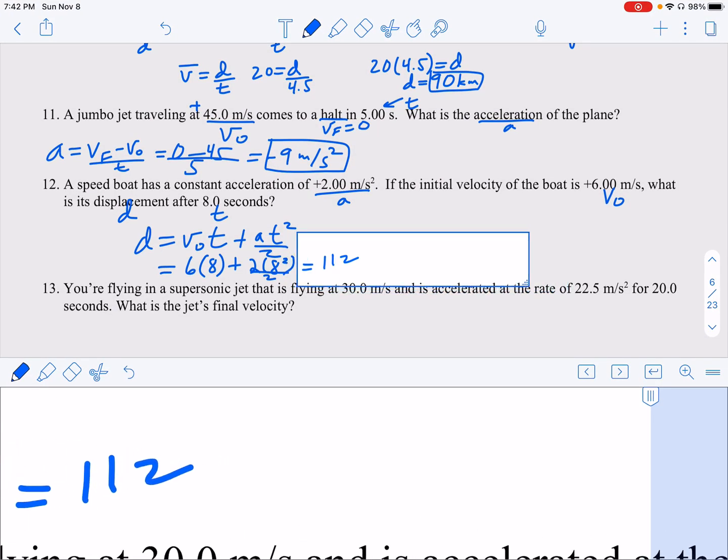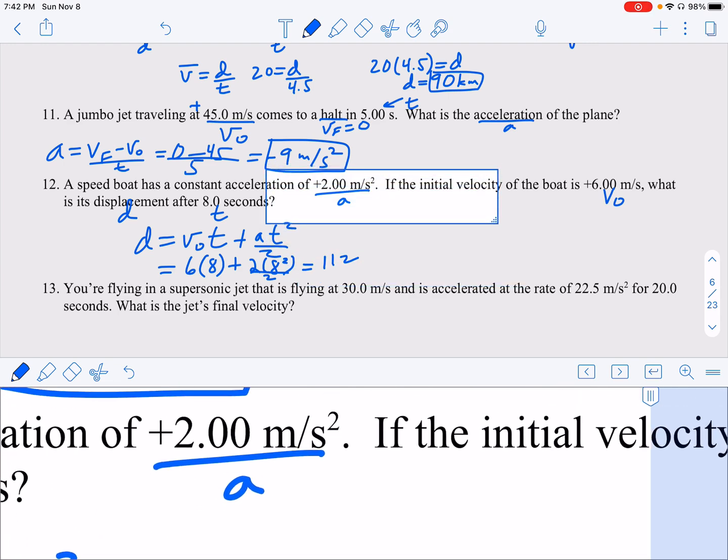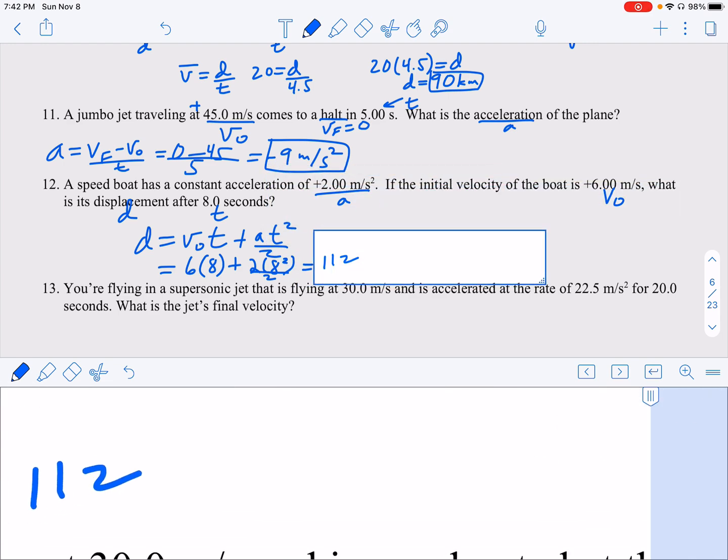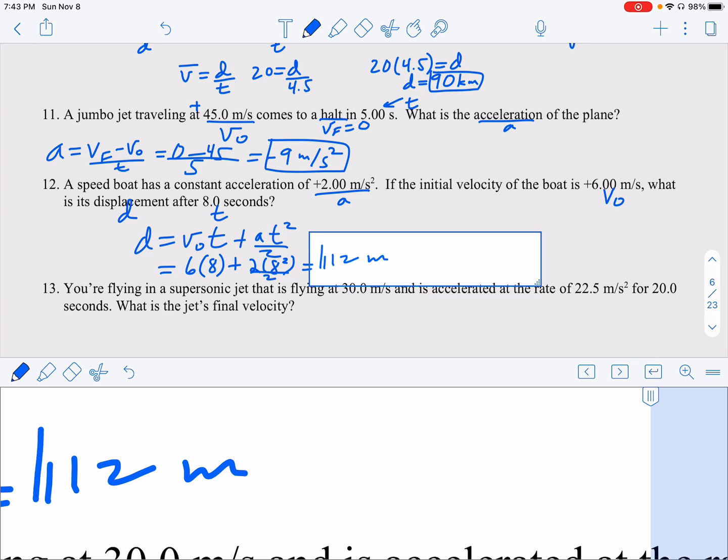And the units would be, because the units are meters in all the terms I'm putting, 112 meters that it would be accelerating through.